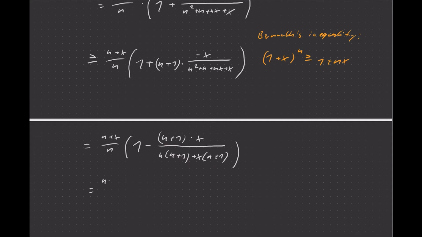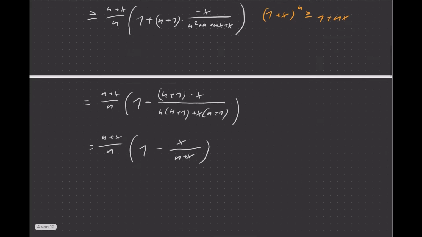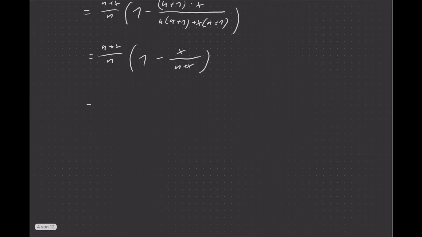So if we're doing that, what we're getting is 1 minus x over n plus x. And that already looks a lot easier. So let's again try to simplify that by writing it as one fraction. So we have n plus x over n times, the common denominator here is n plus x.